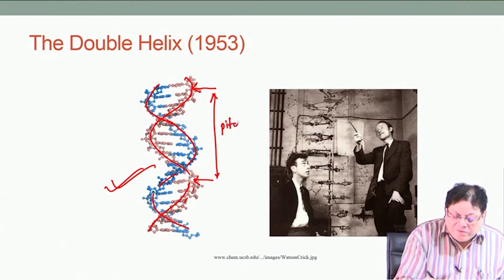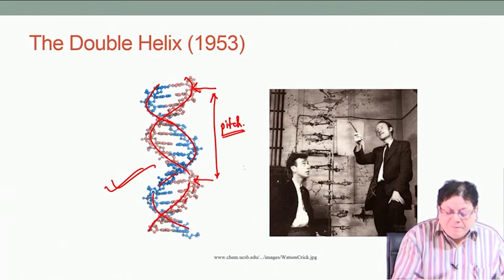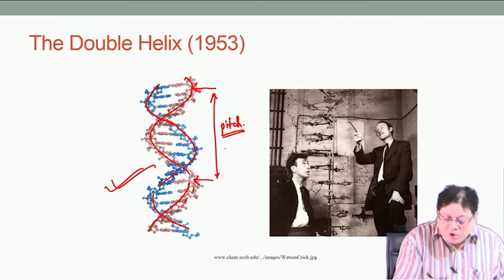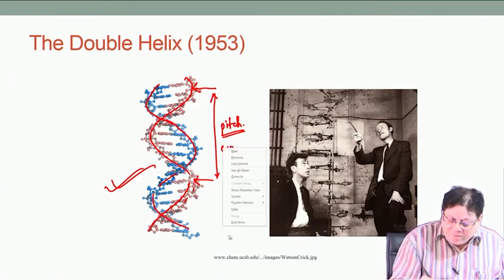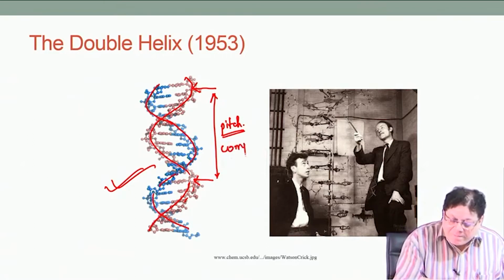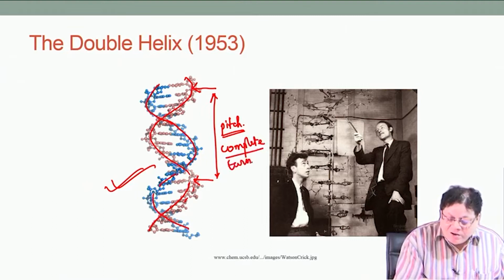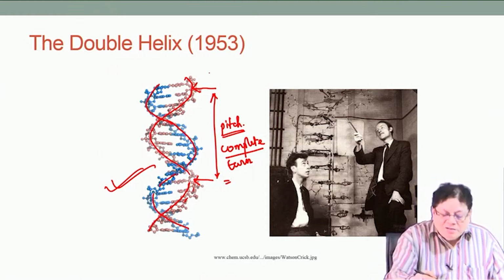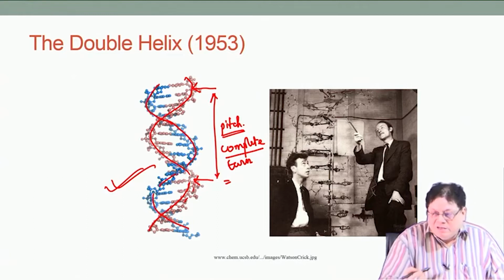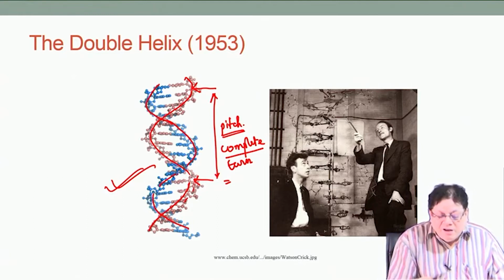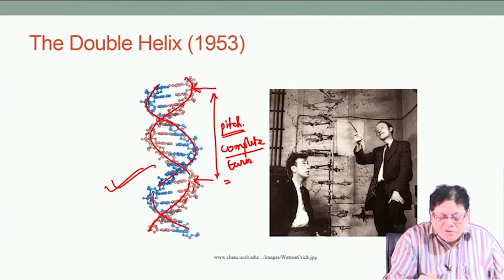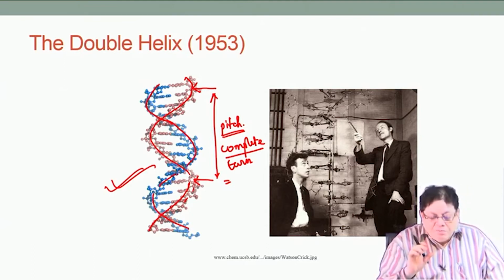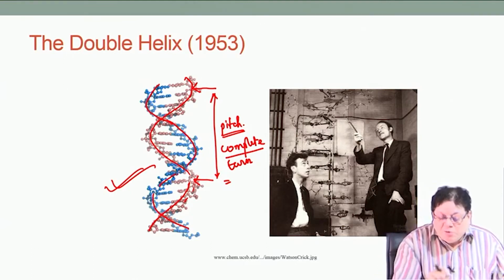If you take a complete turn, what is the rise in height? If you start from here going to there, that is rise in height; if you come from here to there, that is lowering of height. So the pitch is the complete turn.